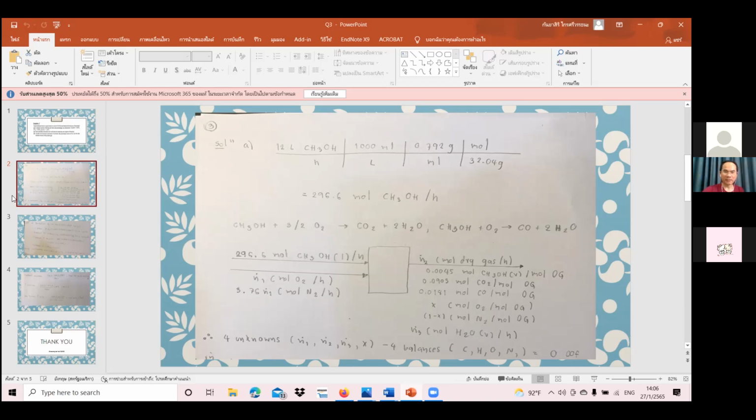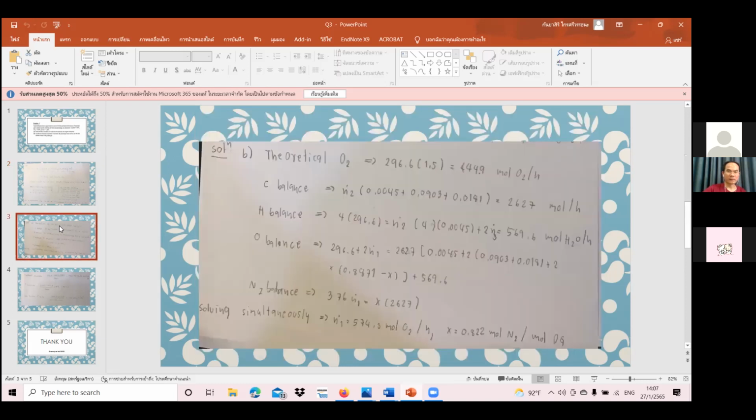Do you understand my question? Yes. Why is the theoretical oxygen equal to 296.6 multiplied by 1.5? How do you get this equal to the theoretical oxygen?